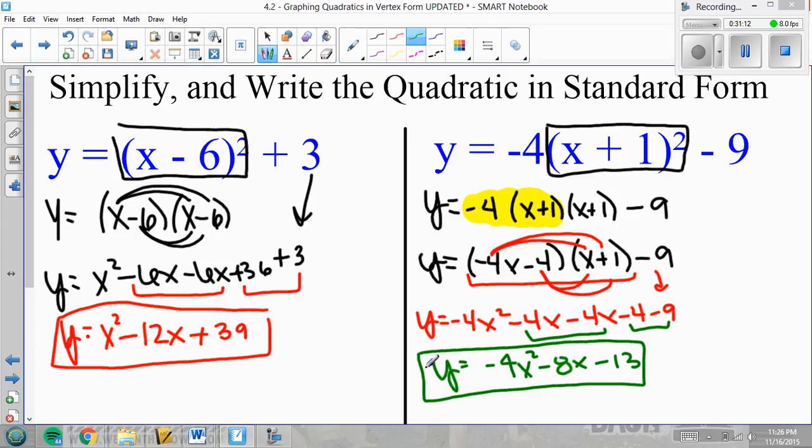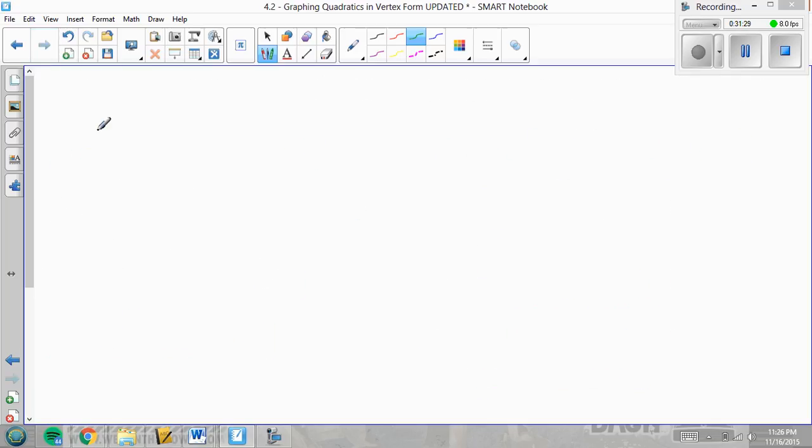Okay, so now that we've done a couple examples of each, you're going to get a worksheet. 4.2 graphing quadratics in vertex form. Okay, so on your homework, on number 4, you're evaluating a point.